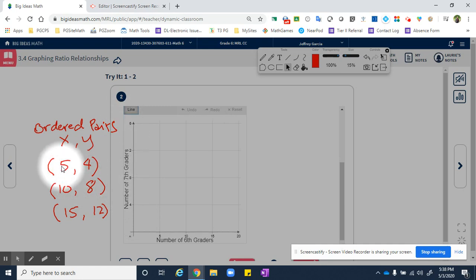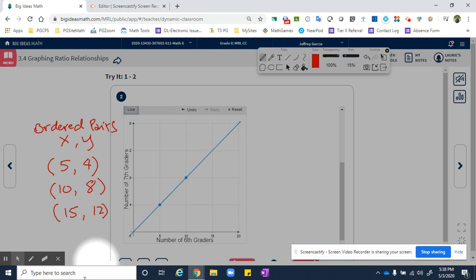So for every 5 6th graders, there's 4 7th graders, labeled for you. Now for every 10 6th graders, there's 8 7th graders. I'm not even done yet, but it formed a line right away. Great job, big ideas. Now we got 15 6th graders, and we move up to 12 7th graders.